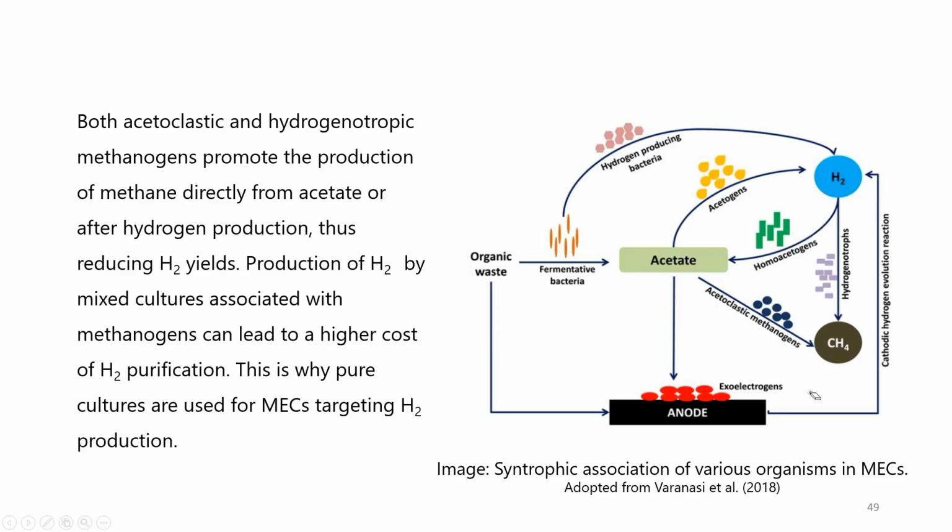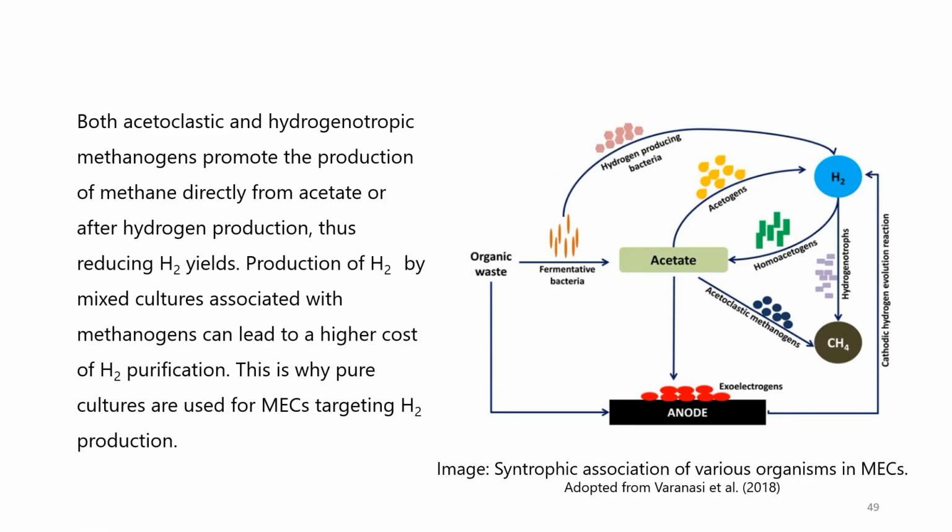So, this shows that the hydrogen yield is reduced due to these kinds of reactions taking place, or even in the case of certain other homoacetogens, this hydrogen is converted back to acetate, and of course, with acetogens it is converted back into hydrogen, and of course, there are hydrogen producing bacteria which will directly produce hydrogen from this organic waste and their metabolites.